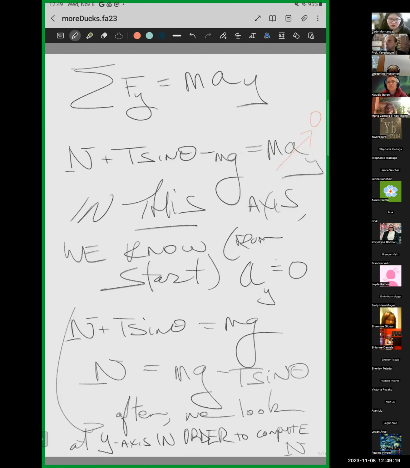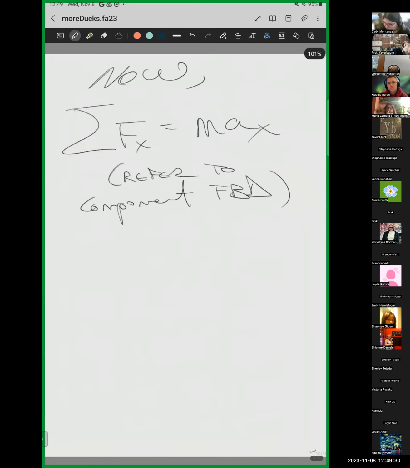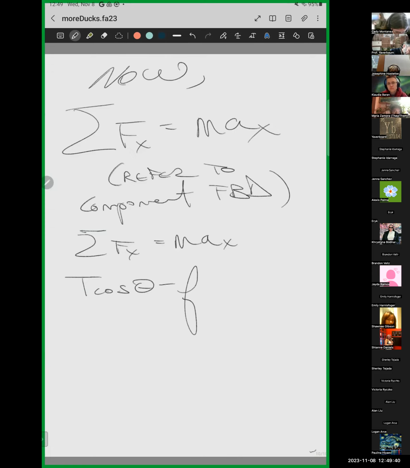If they were equal, the sled wouldn't accelerate at all. And the whole premise of this problem is that the sled is accelerating to the right. So what I think we have is T cosine theta to the right minus friction equals ma to the right, right?